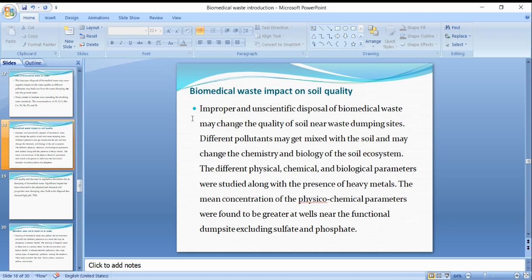The mean concentrations of the physico-chemical parameters were found to be greater at wells near the functional dump site.